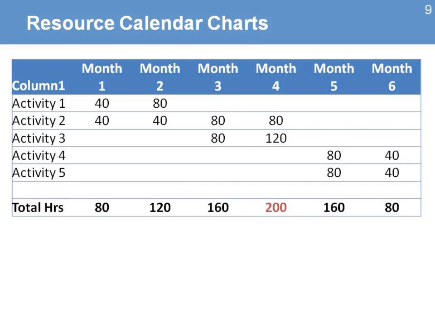And one of the tools that we use is the resource calendar chart. For each individual in your team, you can have an idea of all the work they have been assigned, based on the estimates of the duration of each activity, and for each month you can identify what's going to be the total.